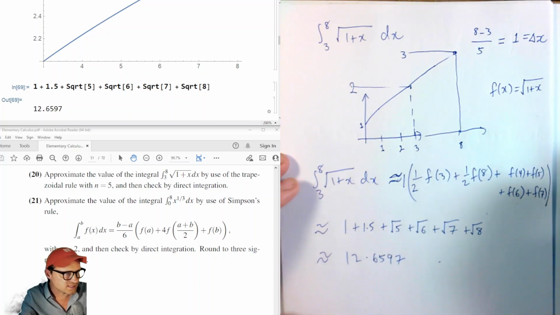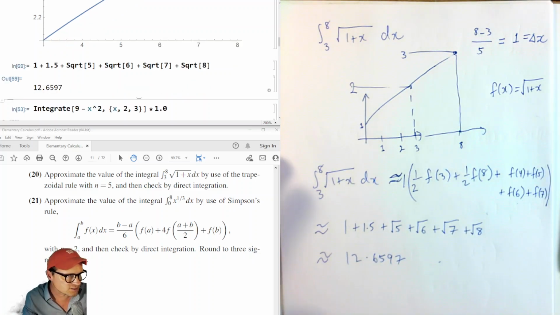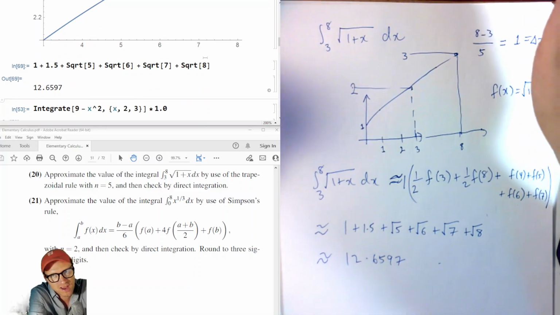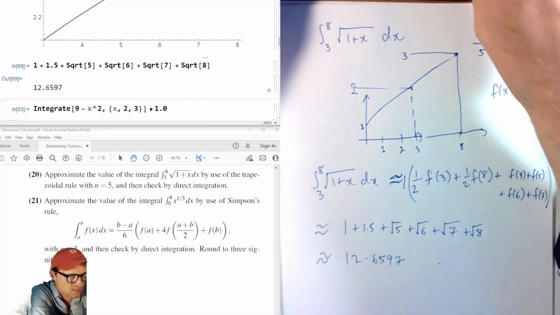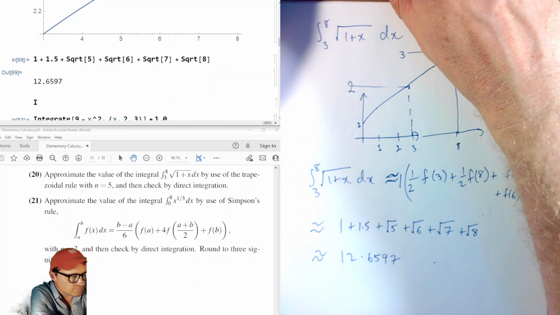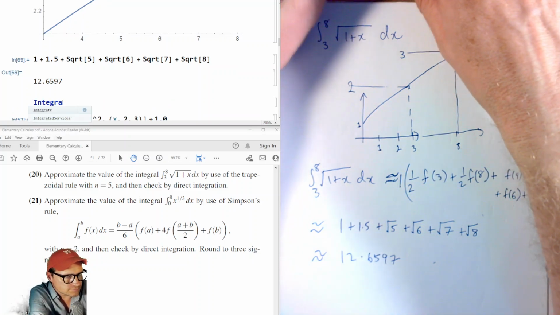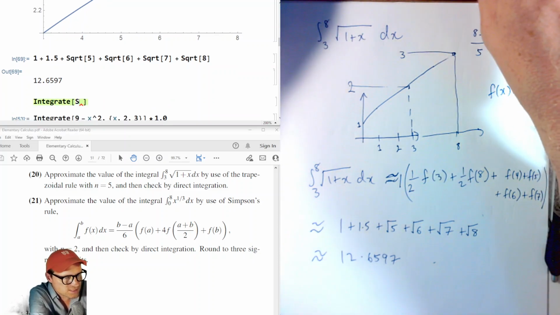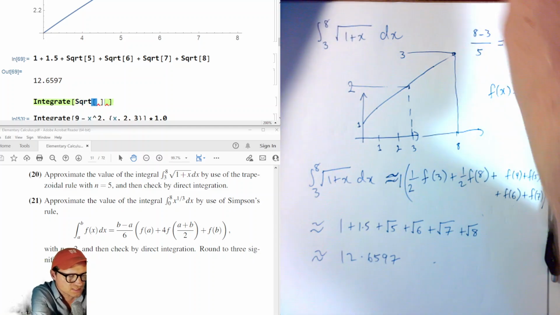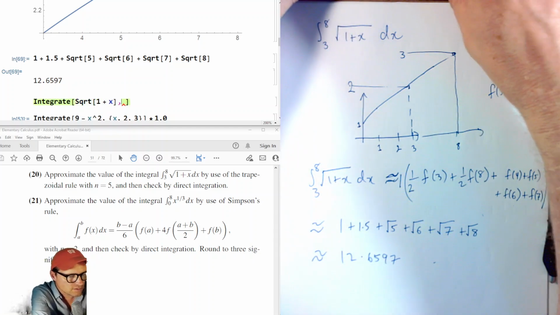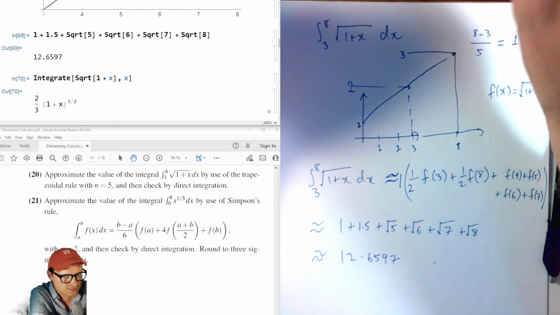All right, now what is the exact value of the integral? Let's just get the computer to do this because you haven't learned integration by substitution yet. So let's say integrate the square root, sqrt, 1 plus x with respect to x. What do we get for this?